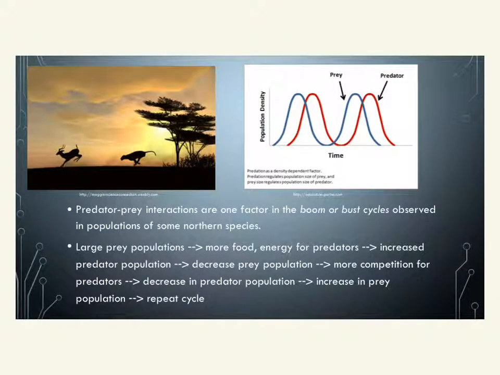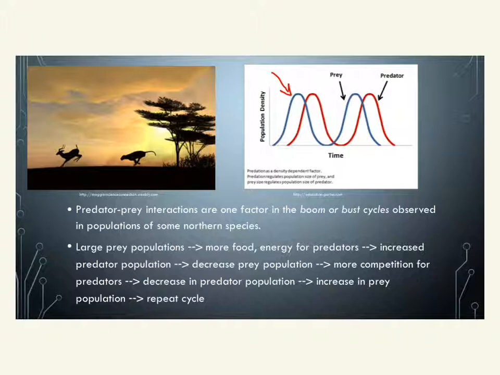Okay, so we mentioned predator-prey interactions. It's interesting to observe that this concept of predator-prey interactions often follows a predictable cycle. We call it the boom or bust cycle, and we can see that in this graph here. So what we see is often we start with large prey populations. In this graph, the prey is the blue line, right?